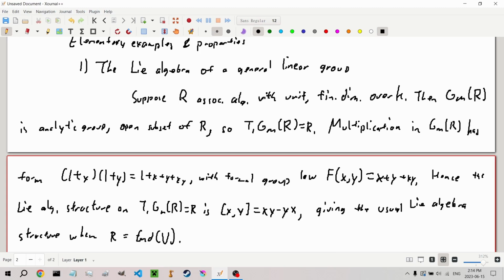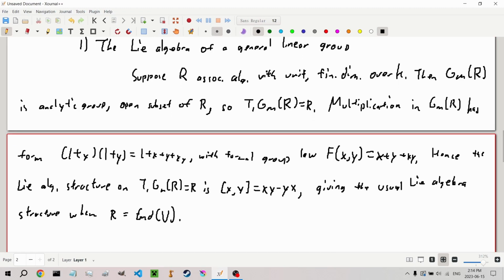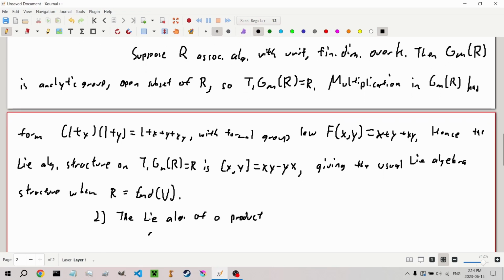Alright, secondly, we're going to start getting into some more abstract details. The Lie algebra of a product. Suppose G1 and G2 are analytic groups.